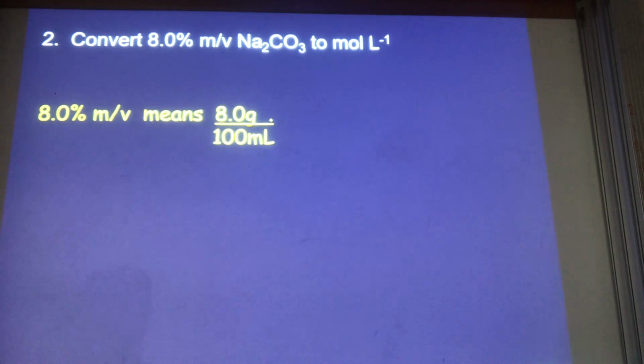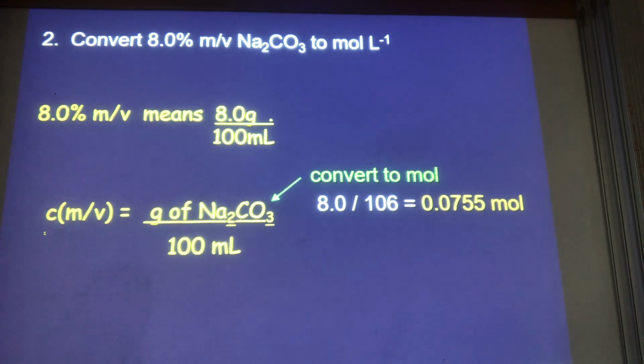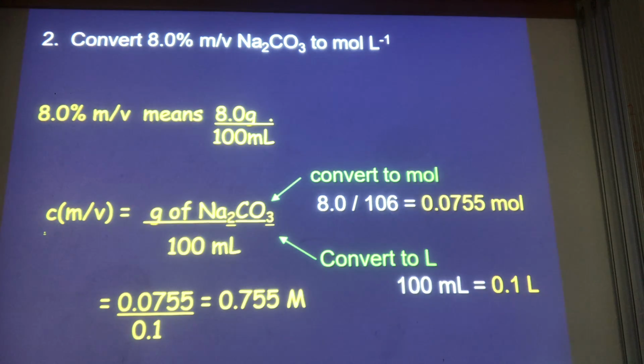Both of those are really simple calculations. So our 8 grams is 0.0755 moles, our 100 mils in litres of course is 0.1 of a litre. We'll do the division, we'll get our concentration.